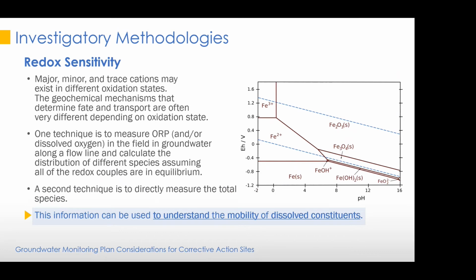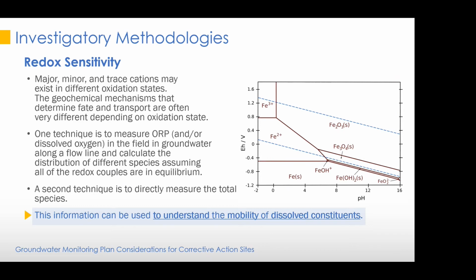Another investigative methodology we can use is the sensitivity of different metals, major, minor, and trace cations to oxidation state. This tells how oxidized or reduced the groundwater is. On the graph on the right-hand side, the bottom axis is pH, and the vertical axis is the oxidation potential in millivolts.